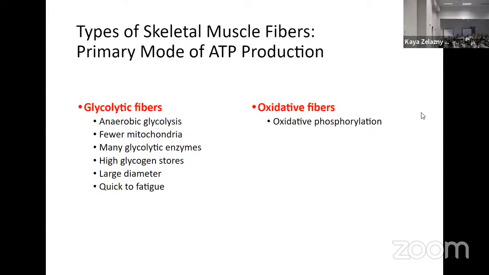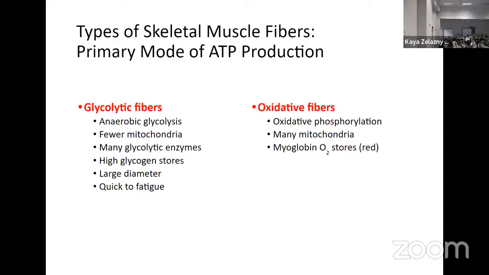So properties of oxidative fibers are going to be related to that metabolism type. We're going to see that they have lots of mitochondria because they're doing oxidative phosphorylation, which happens across the inner membrane of the mitochondria. This one's a new one, but oxidative phosphorylation will require oxygen. It's an aerobic process.